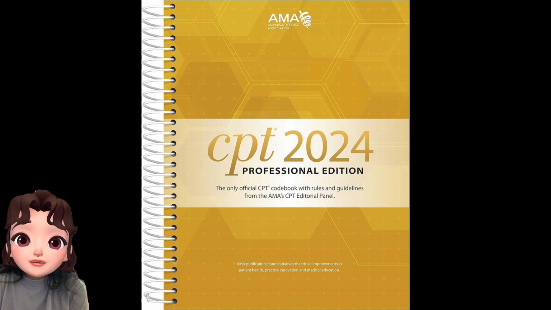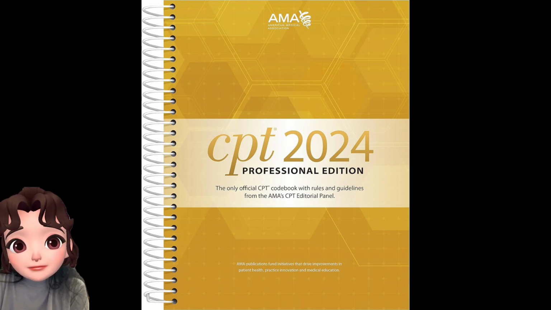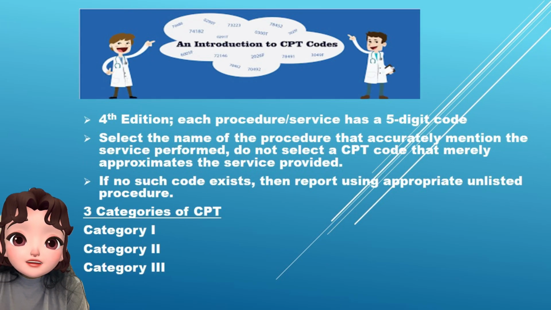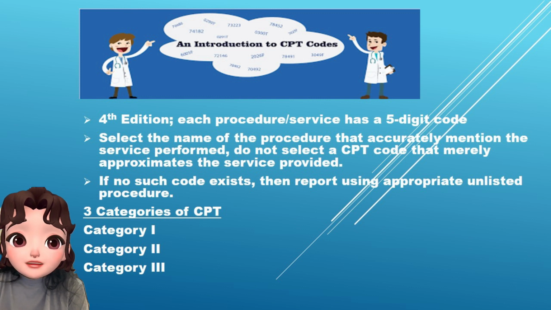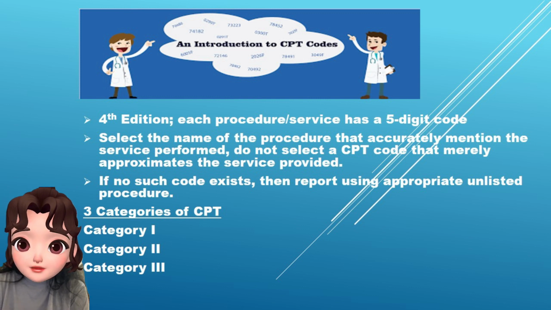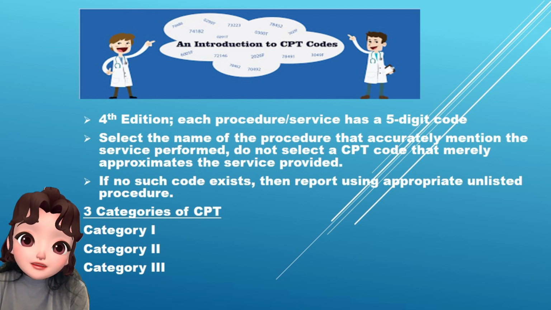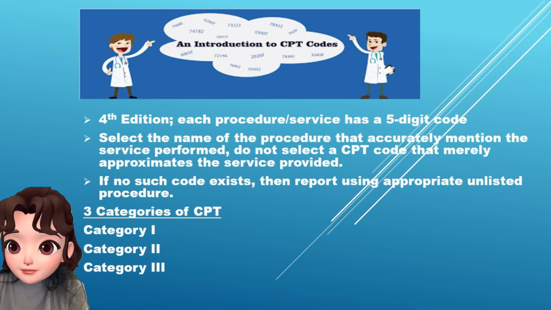In this episode, we will discuss mainly the basics of CPT codes. Currently we are using the 4th edition of CPT code. Each procedure or service has a 5-digit code. We need to select the exact procedure that accurately describes the service performed.